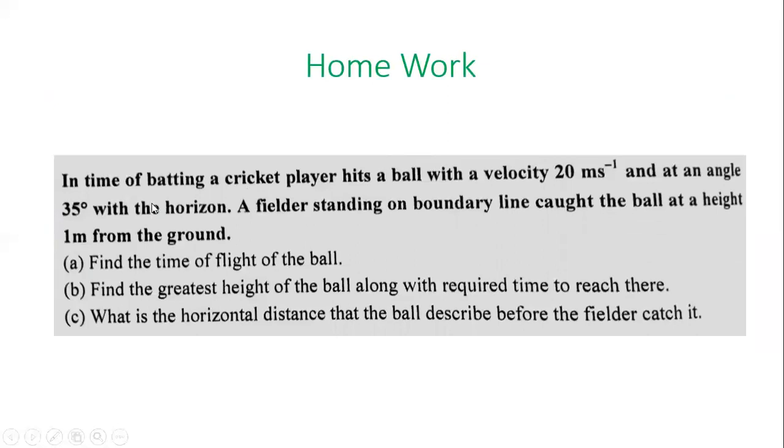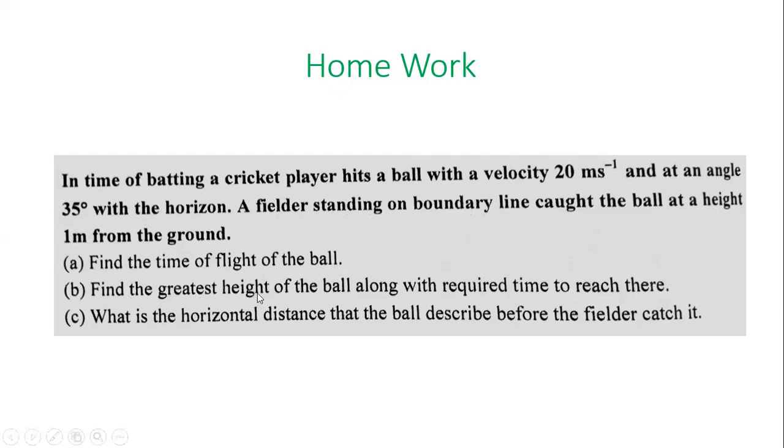Homework: here is given a CQ. In time of batting, a cricket player hits the ball with a velocity of 20 meters per second at an angle of 35 degrees with the horizon. A fielder standing on the boundary line caught the ball at a height of 1 meter from the ground. Find the time of flight of the ball.